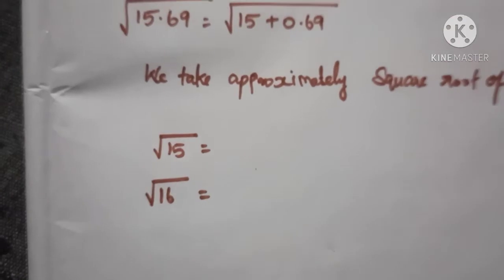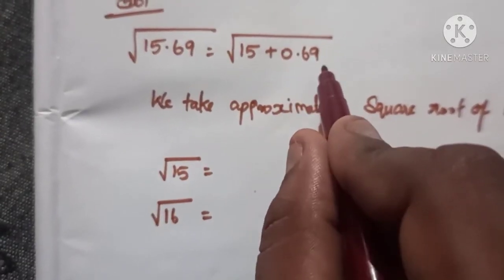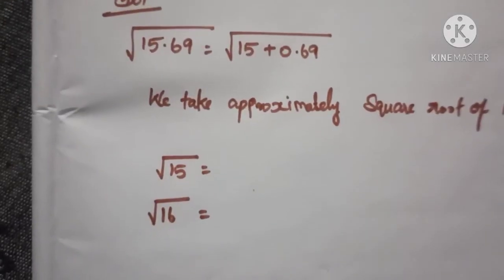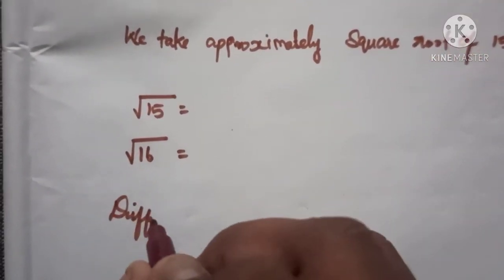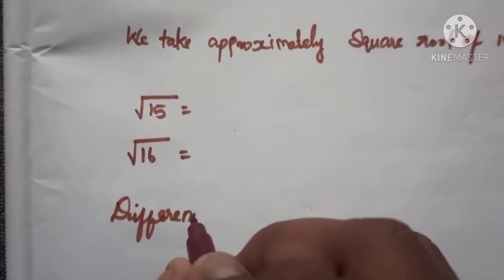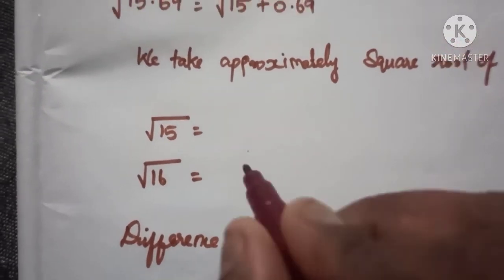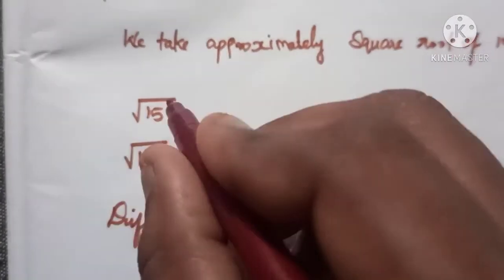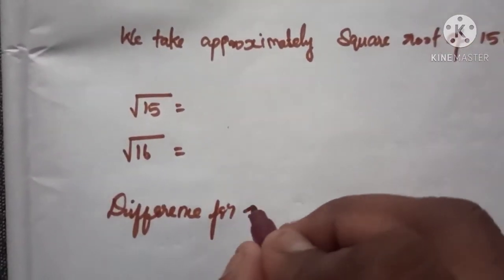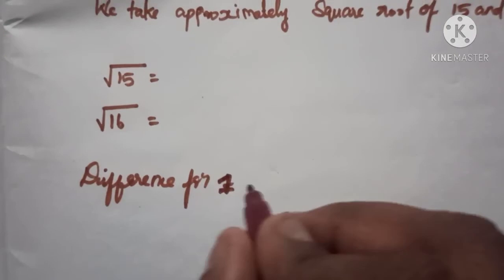Okay, and next you can see we need this decimal value 0.69. For that, the difference: you compare the whole number, integral part, 16 minus 15, the difference is 1.